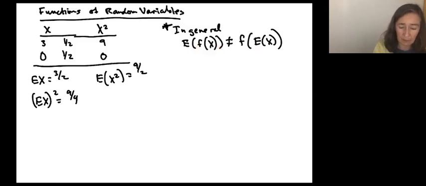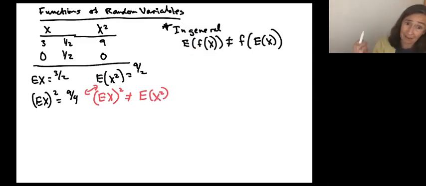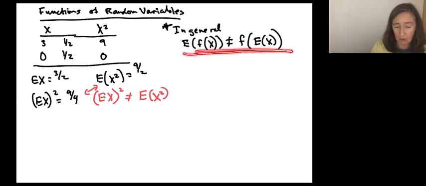So the punchline of this little example is that the expectation of x, then squared, is not the same thing as squaring the random variable and then taking its expected value.